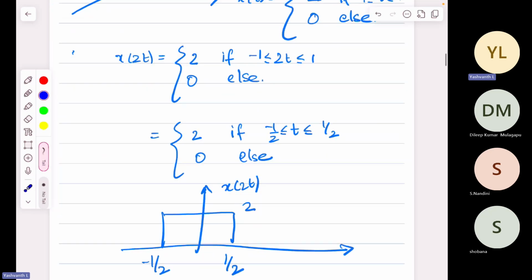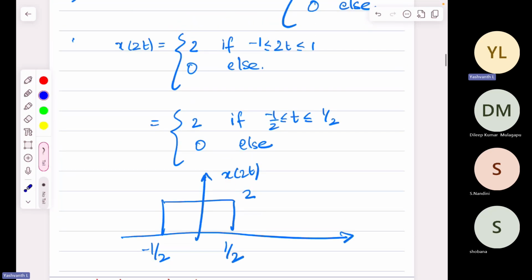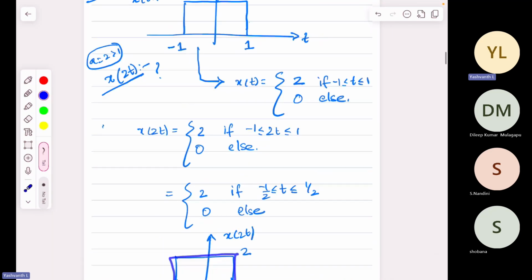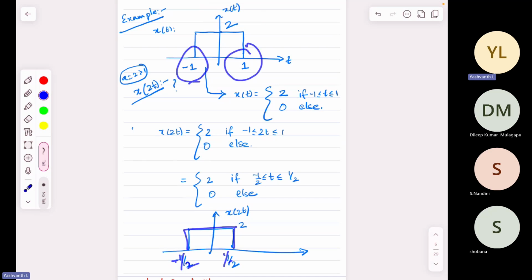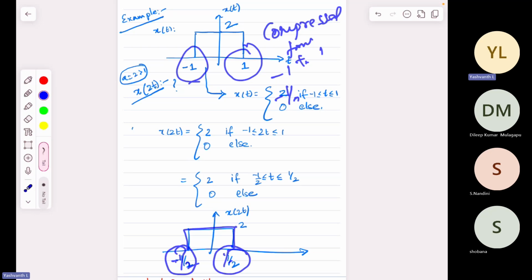If I plot this, it's the same signal as above with the same amplitude, but earlier it was between minus 1 and 1, and now it has become minus half to half. Basically it got compressed. It's called compression of the signal.